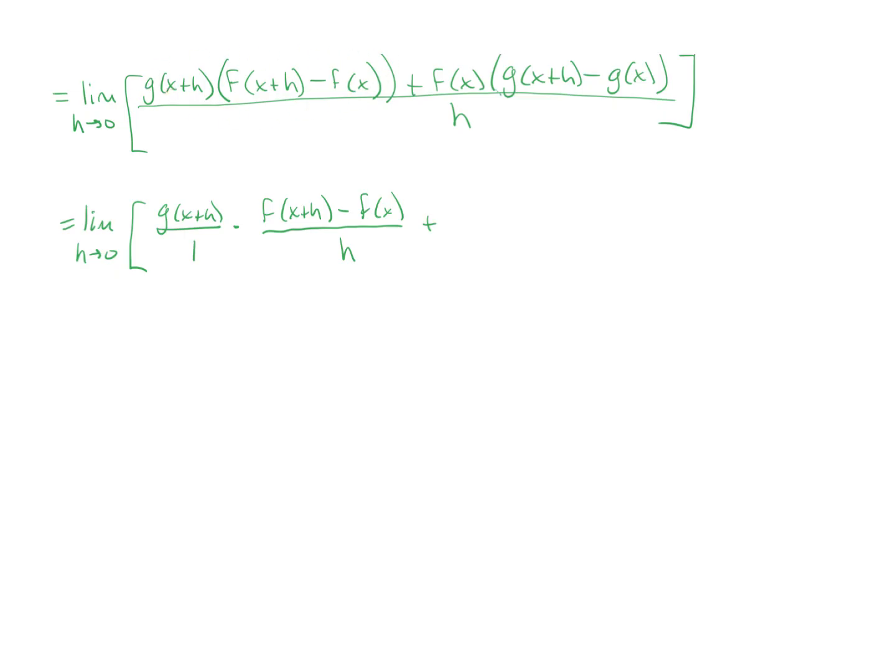I have g of x plus h over 1 times f of x plus h minus f of x over h. If you multiplied these two fractions, you would have f of x plus h minus f of x times g of x plus h, which is what I've got up here, all over h, because when you multiply fractions, you multiply the numerators and the denominators. So my denominator is going to be h, like it is up here.